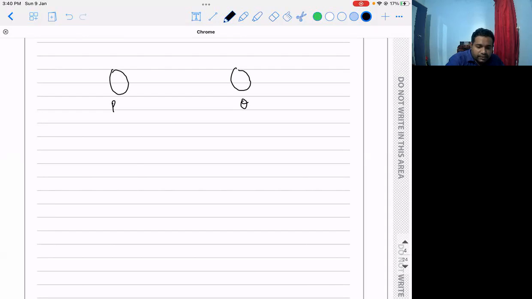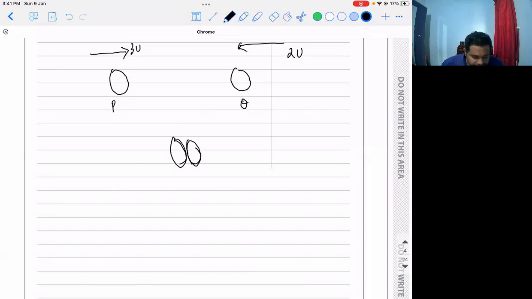So we can mark it as, P is approaching with an initial speed of 3u, and Q is approaching with an initial speed of 2u. Now what happens? It collides. It collided.